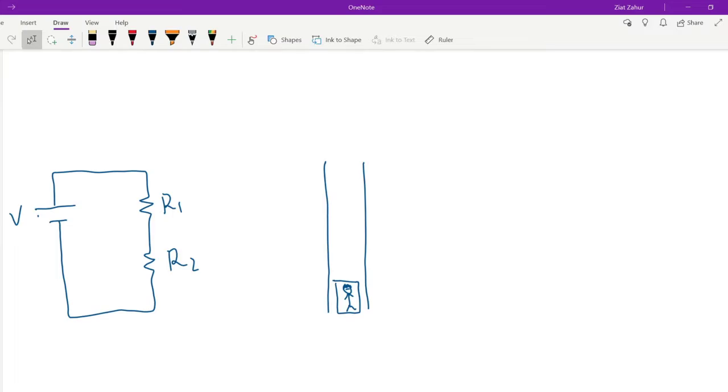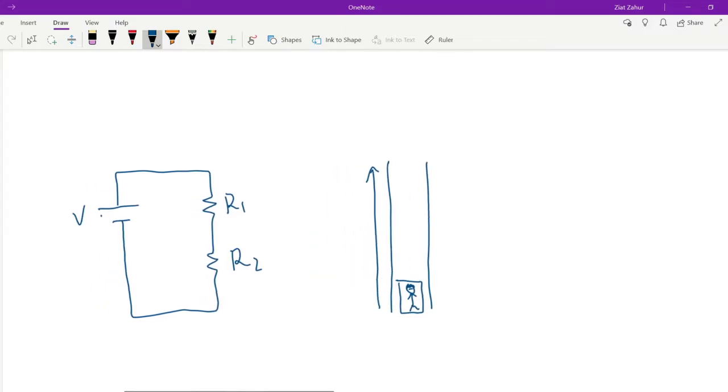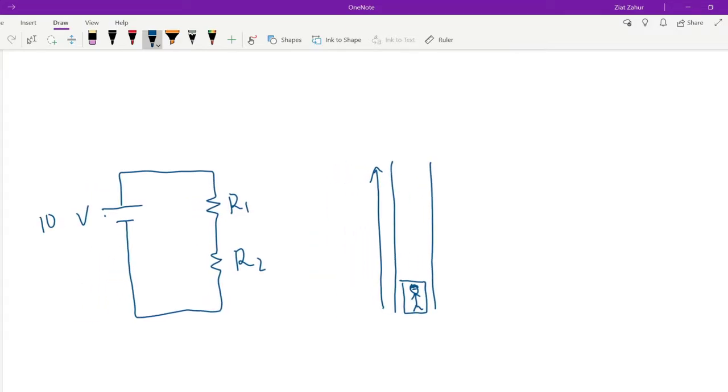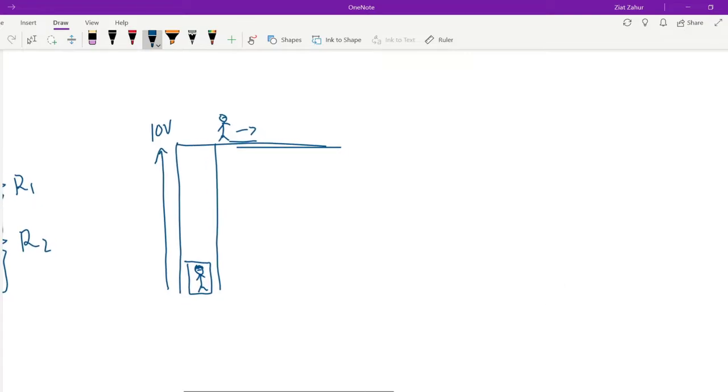The battery boosts you up to some high floor. Let's say it was 10 volts, then you're now on the 10th volt floor, and you're up here now. Each resistor is like a set of staircases that you take downstairs.